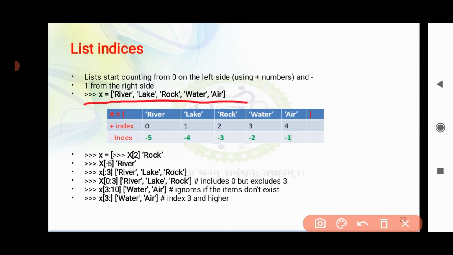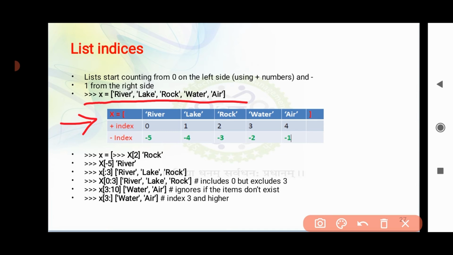Now how will every value be given an index value or location value? The index can be a positive value as well as a negative value. When you talk about positive index, you should always consider from left to right.